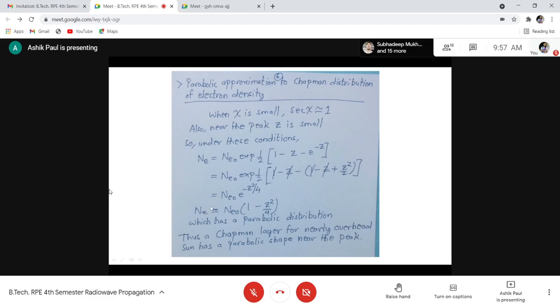So this becomes very nearly equal to ne overhead times 1 minus z squared by 4 if we limit it to the first order term. So this is a kind of parabolic distribution.